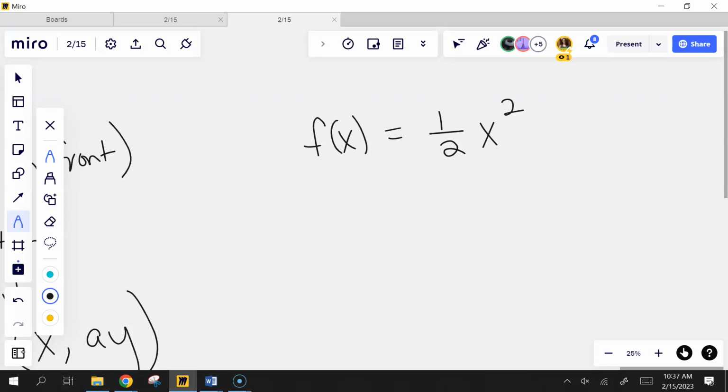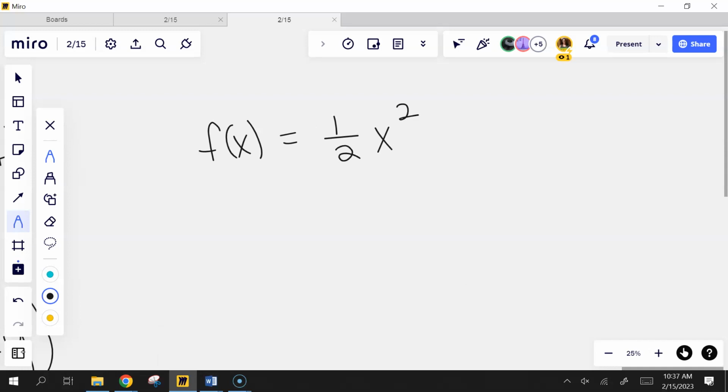And my a here is 1/2, yes? So here's what I'm going to do. I'm going to take every point. Yes, but all your parents don't have a slope that way to get to the next point. See what I'm saying? Yeah, but we're not doing any of that now.